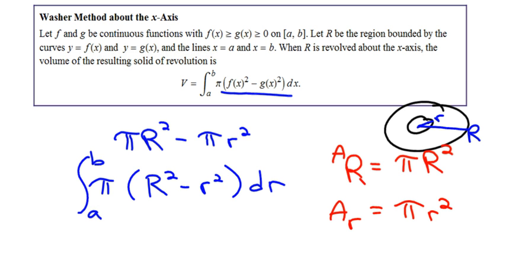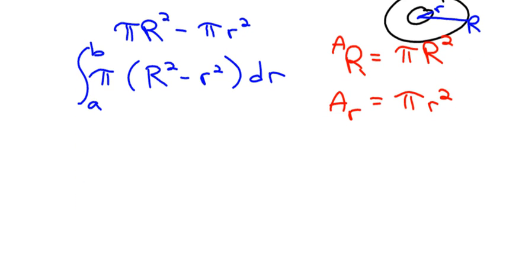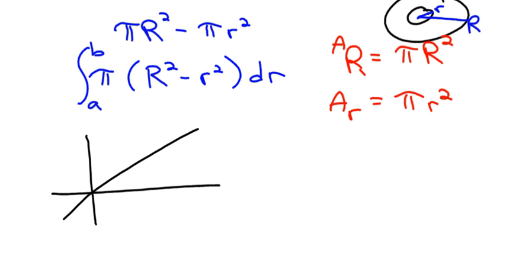I just showed you a little bit with using the idea of a radius. So that when we go to draw a picture, and for example, we're going to be doing problem 28, and our function is actually going to look like this. And it's this area that is now going to rotate around the x-axis.